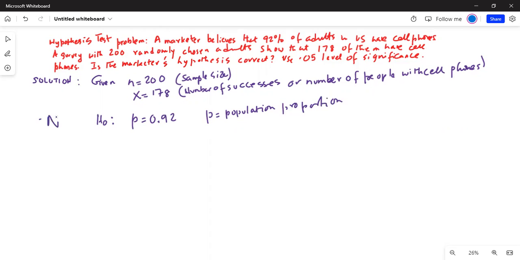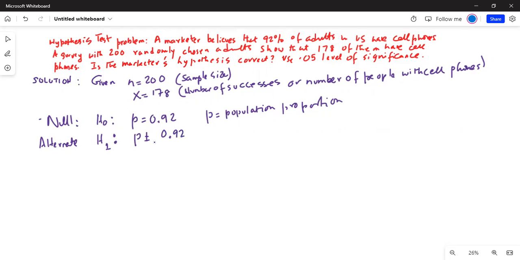And this is my null hypothesis. And my alternate, some people call it HA, some people call it H1, this is my alternate: P not equal to 0.92.